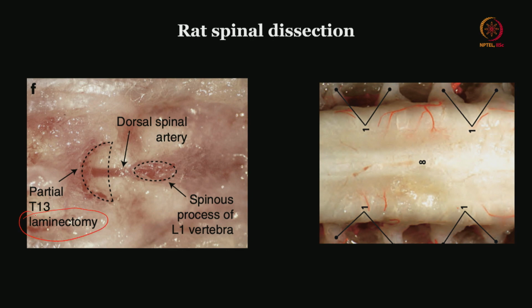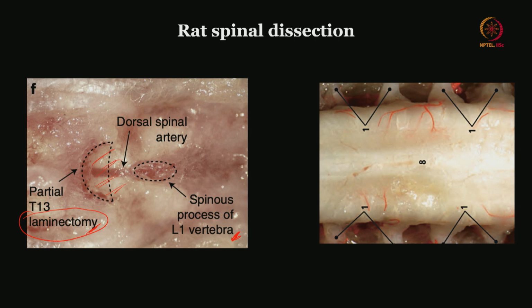I am sure all of you must be familiar by now with what laminectomy is. Then what you see right underneath is the dura covering the spinal cord. There is a very thin layer of dura here which is covering the spinal cord. So, just to keep your orientation, that was the spinous process which you exposed in the last slide, and then you removed the lower part of the lamina.